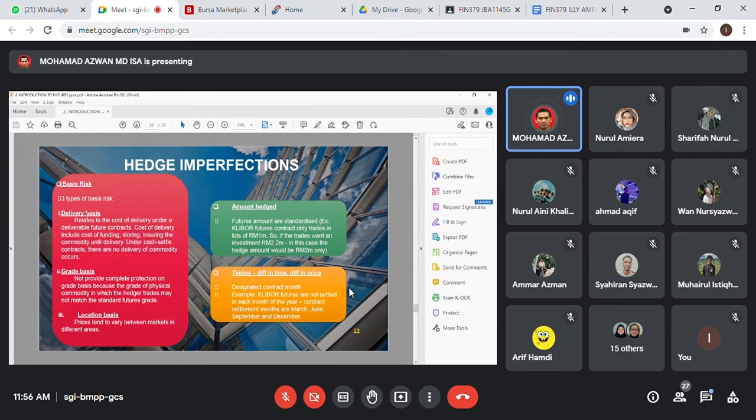Maksudnya, in November it was supposed to deliver the CPO, tapi tak deliver.